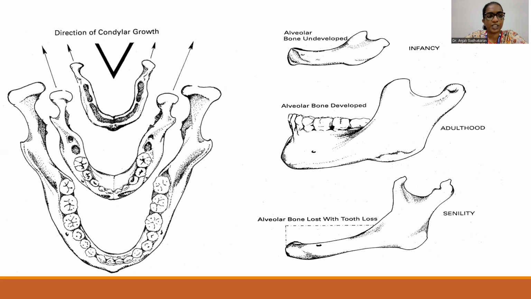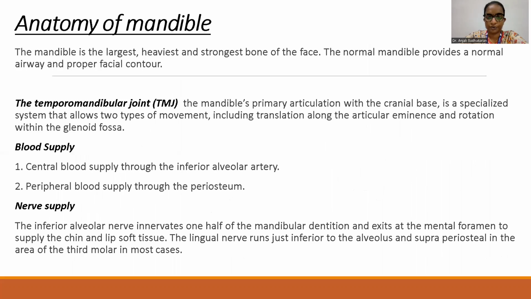This picture gives you a better idea of the direction of growth. In infancy, the patient will have a small, flat condyle with a lack of condylar neck, and as it grows, the mandible moves downward and forward. The mandible is the largest, heaviest, and strongest bone on the face. The normal mandible provides a good airway and good facial contour. It gives good aesthetics to the face.